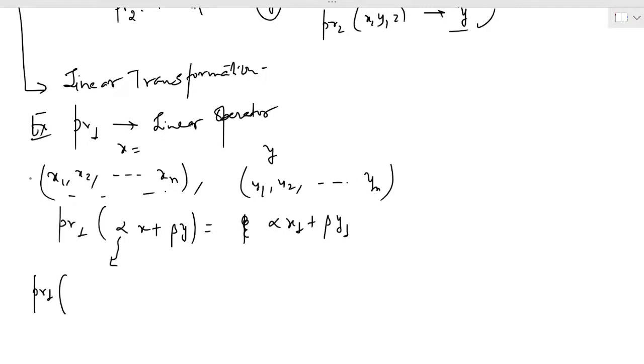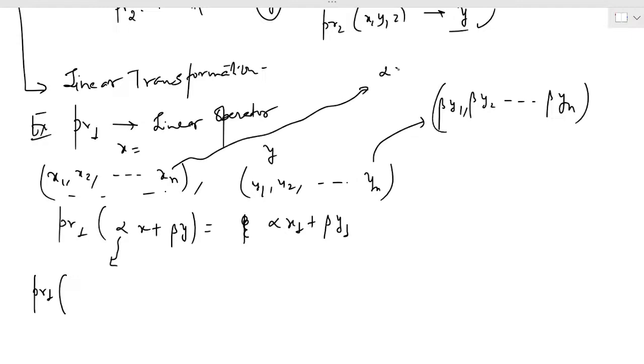Alpha x is simply multiplying all these entries with alpha. Beta y is multiplying all these entries with beta. So beta y would be beta y1, beta y2, up to beta yn. Alpha x would be alpha x1, alpha x2, up to alpha xn.